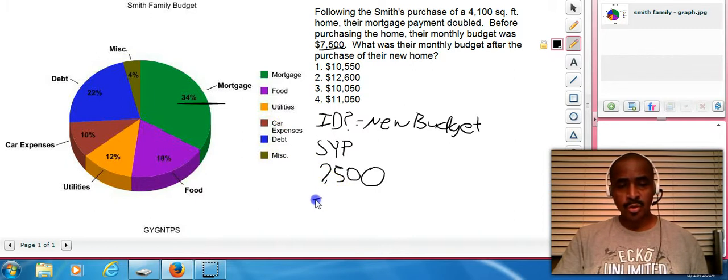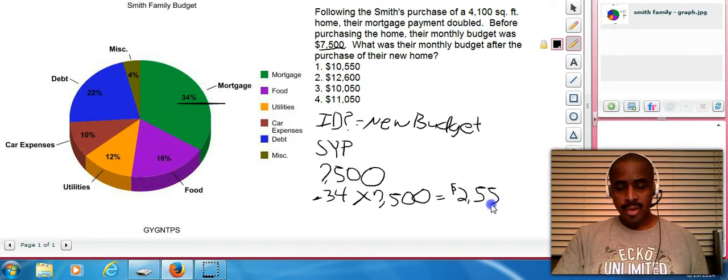So if we do 0.34, which is 34%, times 7,500, which is their monthly budget, we will find that 2,550 is the amount that they pay each month for their mortgage before they bought this new home.